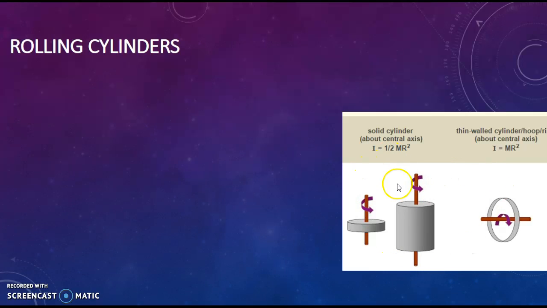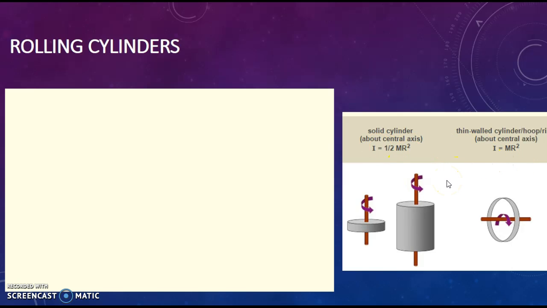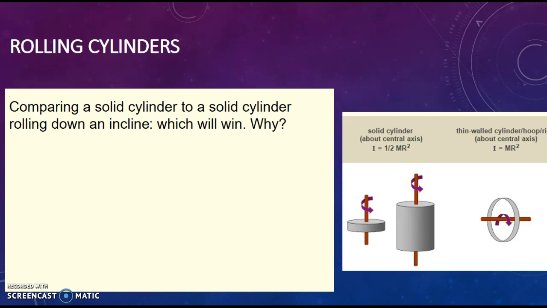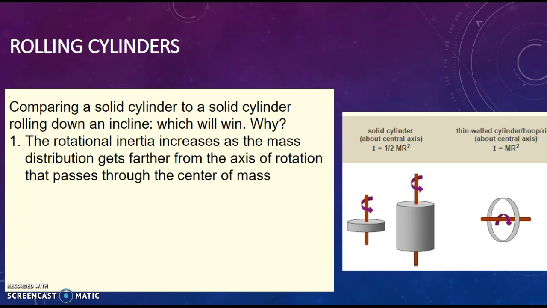So if we have a look at the rotational inertia equation for a solid cylinder and then a hollow cylinder, these were the values we looked at previously. So which one will reach the bottom first if we roll them both down the incline? Remember that rotational inertia increases as the mass distribution gets further from the axis of rotation.